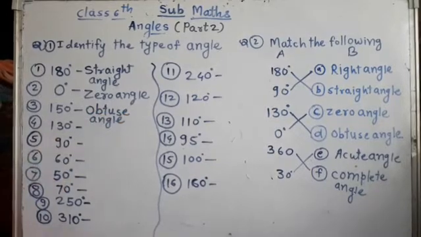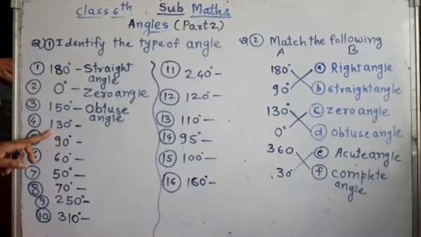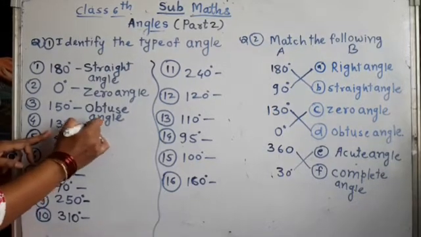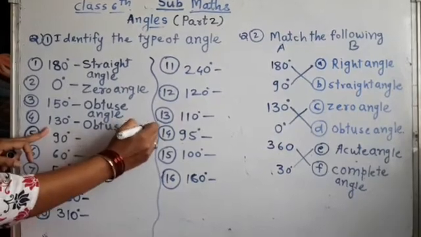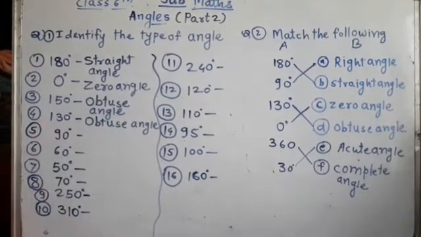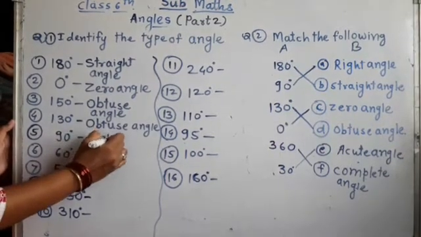Then next, this is also greater than 90 degree, less than 180 degree. So same type, obtuse angle. Then this is a right angle. Right angle measures 90 degree.